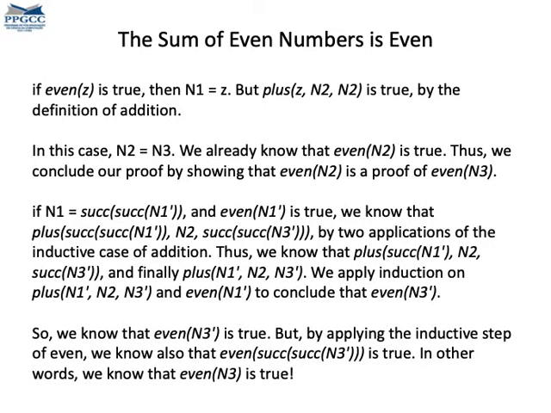If any1 is suc of any1 prime and even any1 prime is true, then we know that suc of any1 prime plus any2 is suc of any3 prime. From this observation, we arrive at the fact that any1 prime plus any2 is any3 prime. Applying induction on this fact, we get that any3 prime is even. But then any3 is suc of any3 prime, which must be even due to the inductive case of the rule is even.